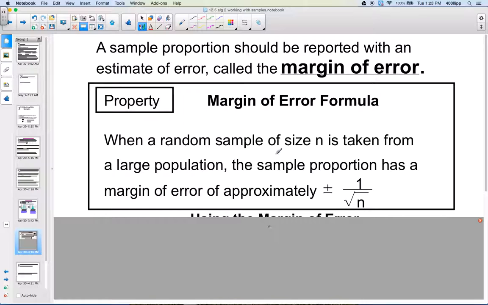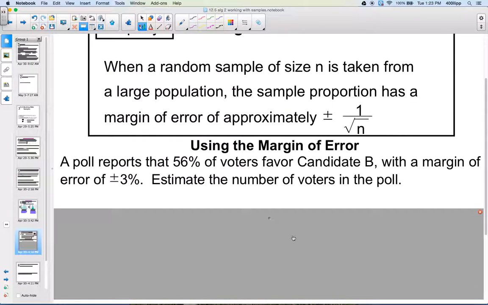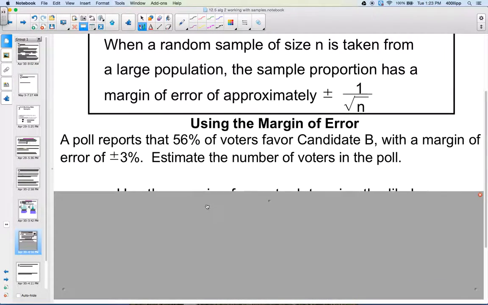sample size. Okay, so if we take a look here, it says a poll reports that 56% of voters favor candidate B with the margin of error of 3%. Estimate the number of voters in the poll. We can first find the interval of what it actually was. They're saying 56% of voters favor candidate B, and we have to include the margin of error.